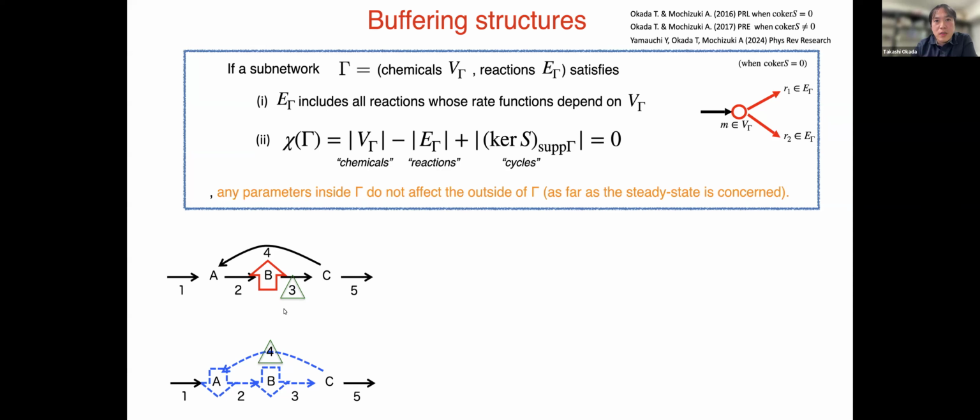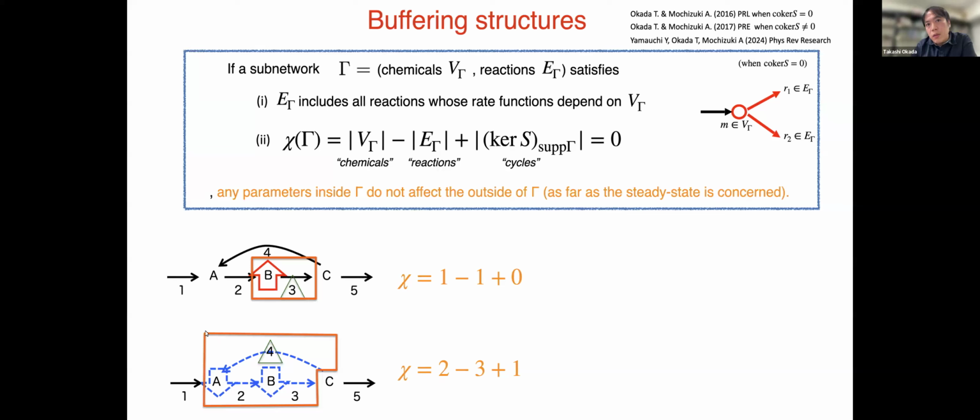And here I'm showing some examples. The subnetworks enclosed by orange lines are buffering structures. For example, in the second case, we have two chemical species, A and B, and three reaction edges, so 2 minus 3.